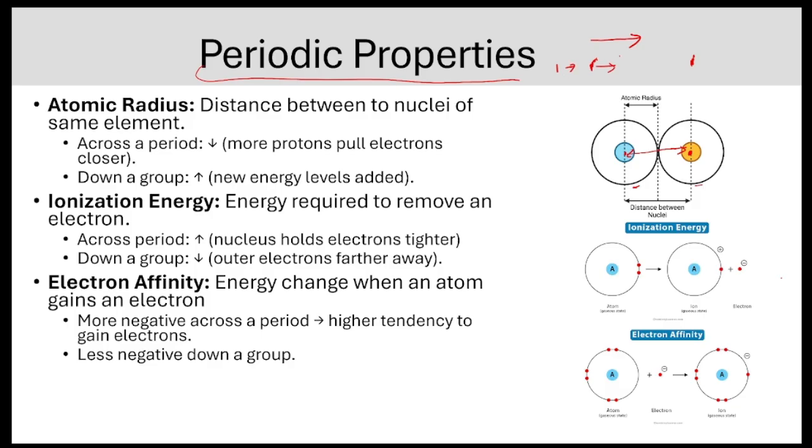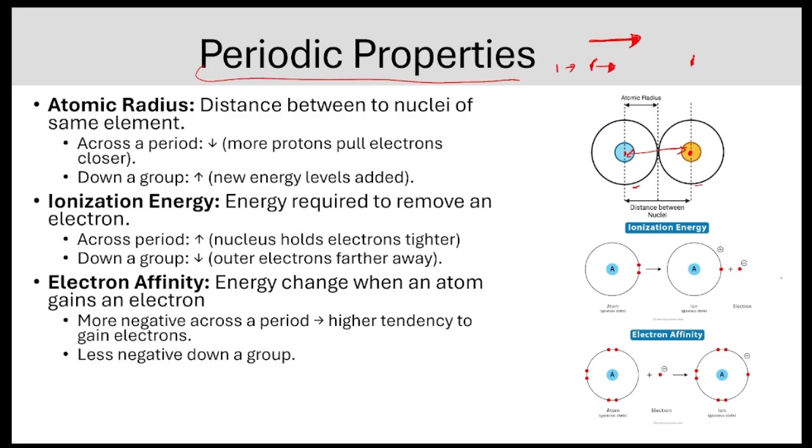That means for the same energy level, if we are increasing the atomic number, we are increasing the number of protons. And since the number of protons in the nucleus of an atom increases, the electrostatic force of attraction between the positive and negative charges increases as we move from left to right across the period.